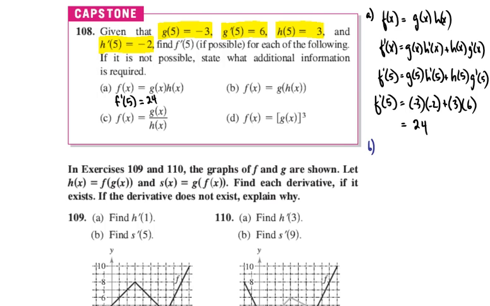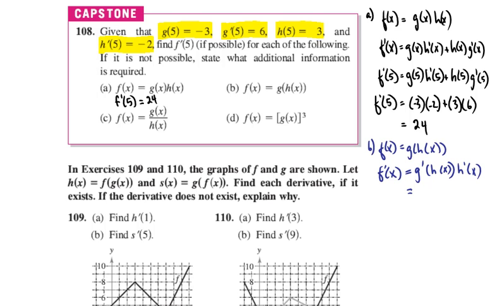For B, we have f of x is g of h of x, which is function composition, so the derivative of f of x, or f prime of x, is equal to the derivative of the outside, which is g prime, leave the inside alone, times the derivative of the inside, which will be h prime of x.